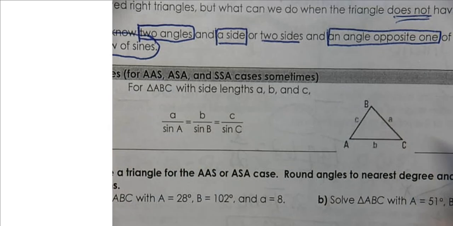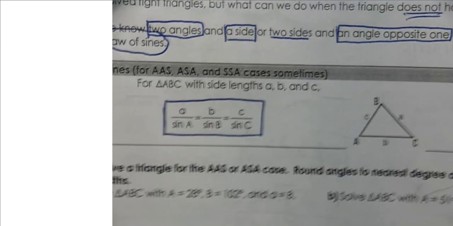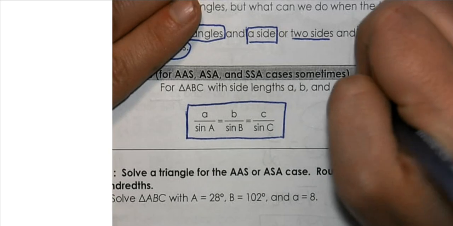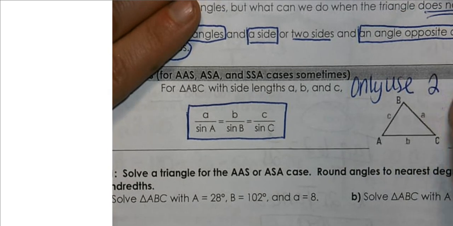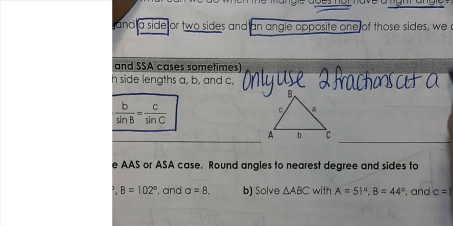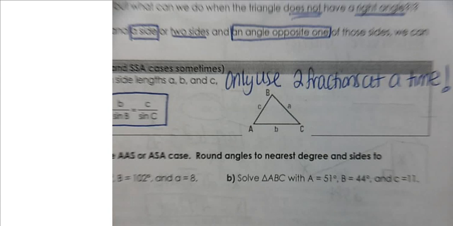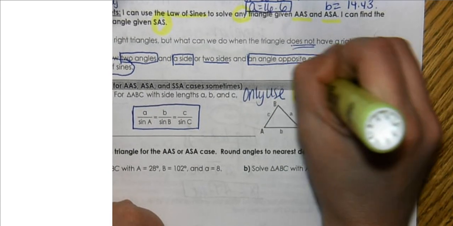Now, I have three different fractions here, and they are all equivalent to each other and proportional. Please note that we only use two fractions at a time when we are setting up our proportion.